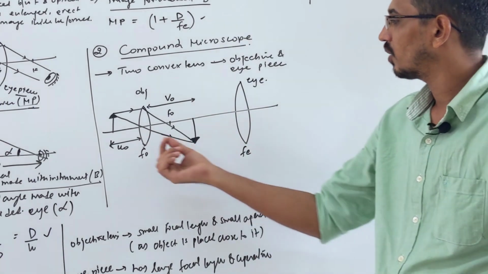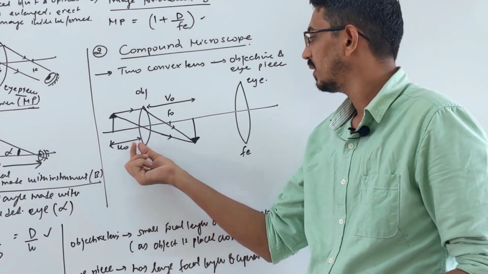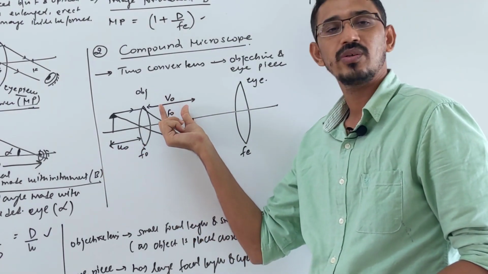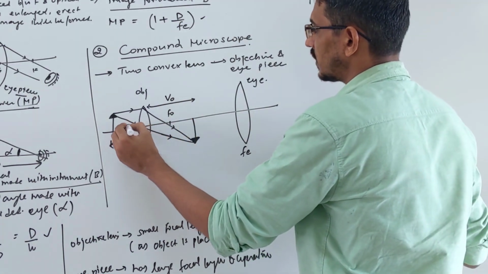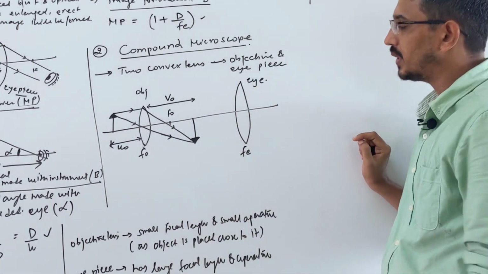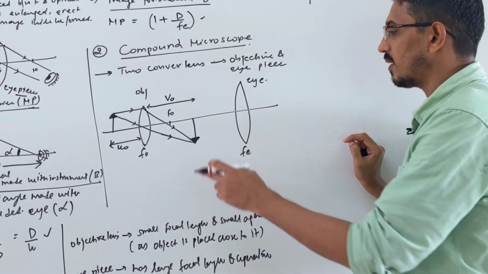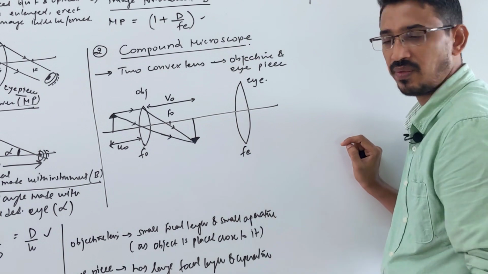Look here, three things: the object distance for the objective lens, the focal length, and the image distance for the objective lens. Now this is the first image formed due to the first lens. This image will be an object for the eyepiece, and the final image will be formed.